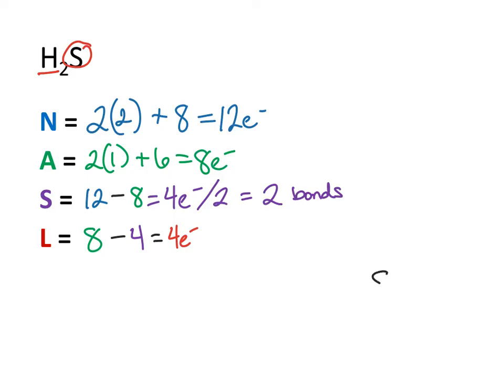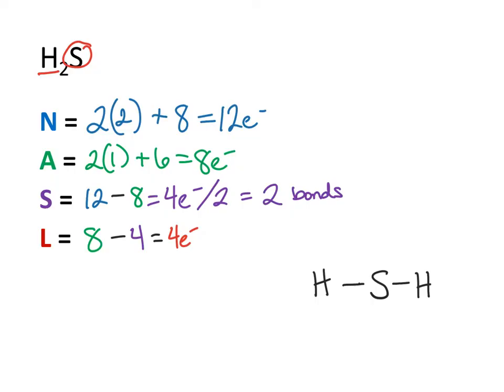So I'm going to start by drawing sulfur, and then my next step is to connect my 2 hydrogen atoms to this sulfur. Looking at my diagram, I can see that each hydrogen atom has one bond or two shared electrons connected to it. Since hydrogen only requires 2 electrons to be considered full and stable, my work with hydrogen is done.